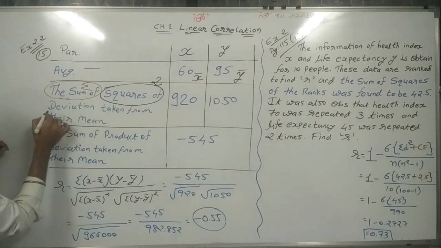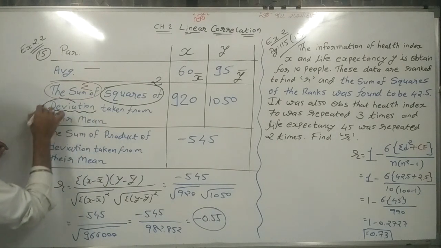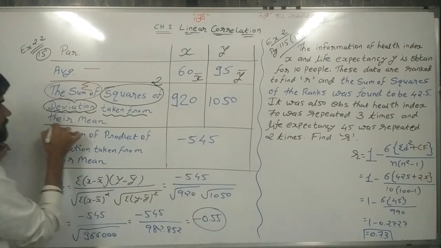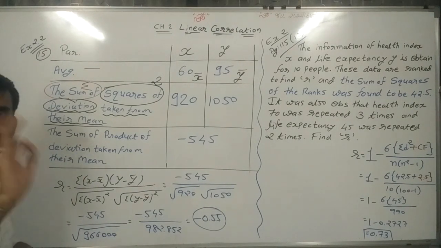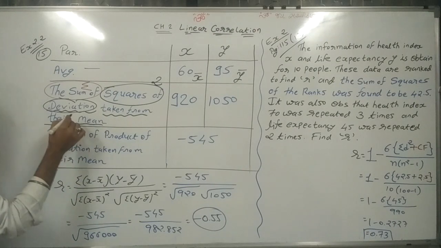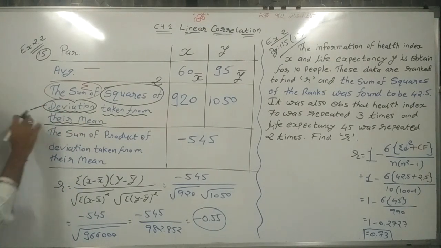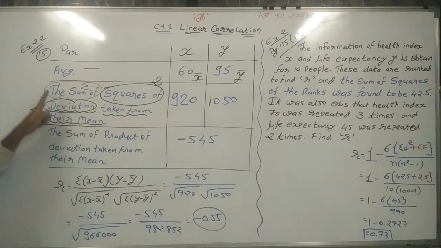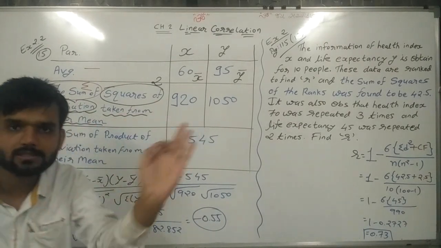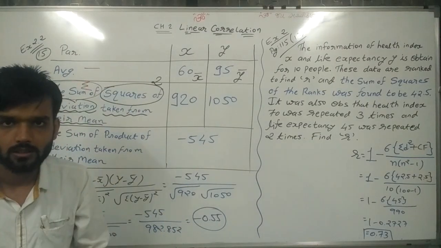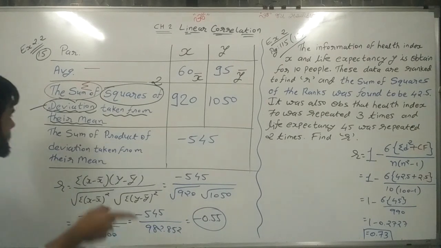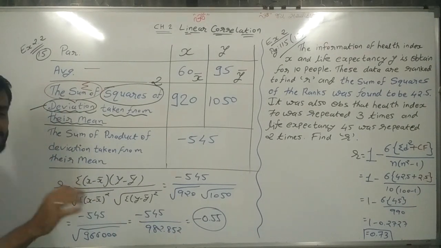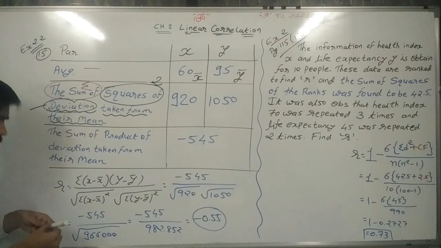Deviation taken from their mean. Deviation means minus. So again, the sum means sigma, total. Square of means square. Which square? Deviation. Deviation means minus. Deviation taken from their mean. Sir, mean?